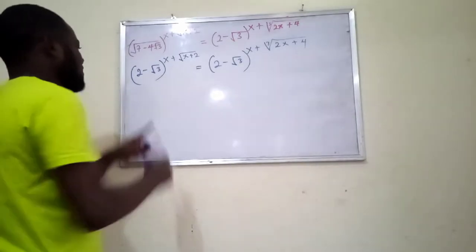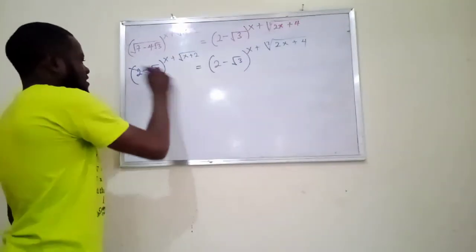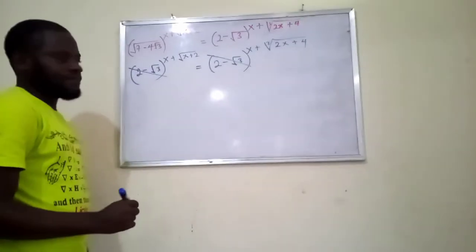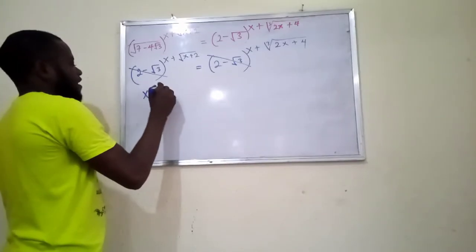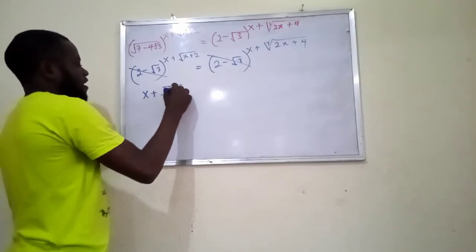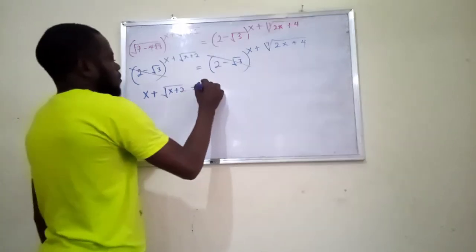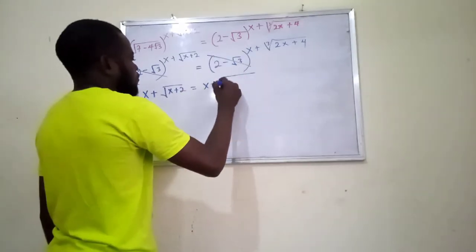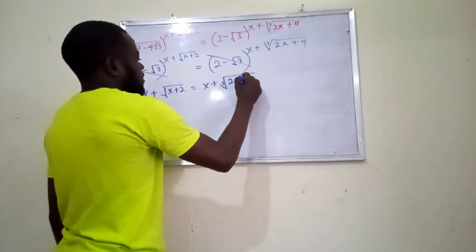Good. Thank God this and this are equal. This now can cancel this. So we can now have x plus the square root of x plus 2 equal to x plus the cube root of 2x plus 4.